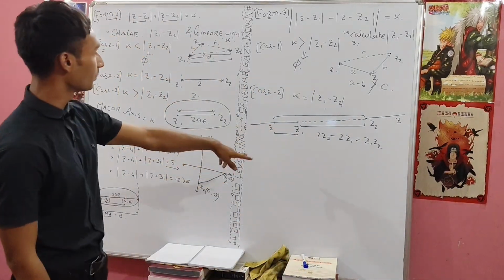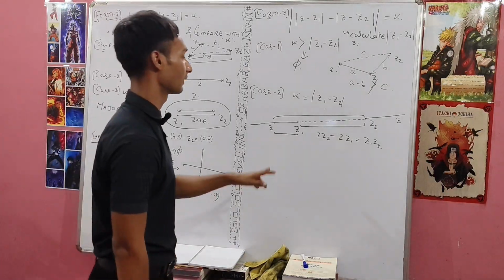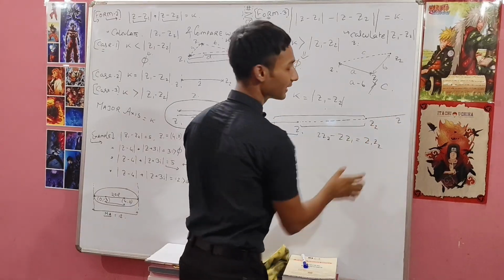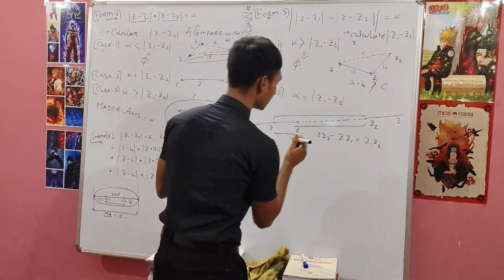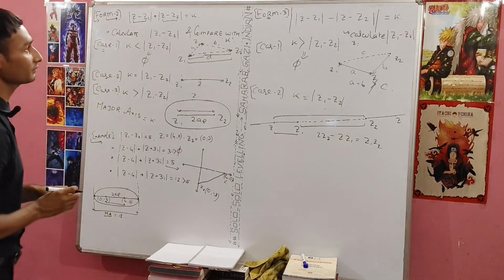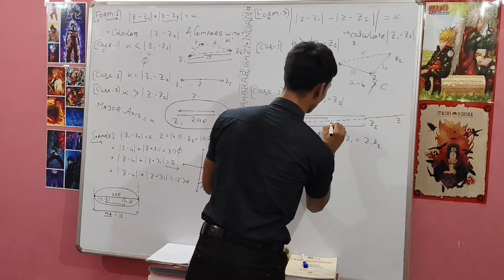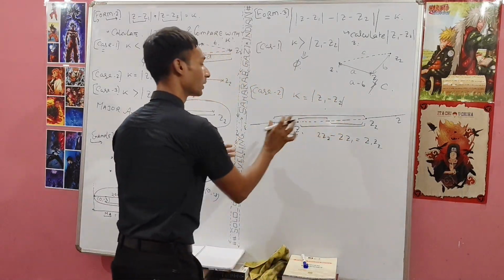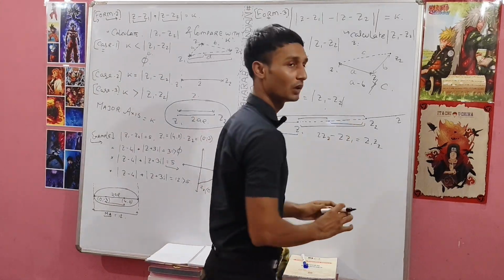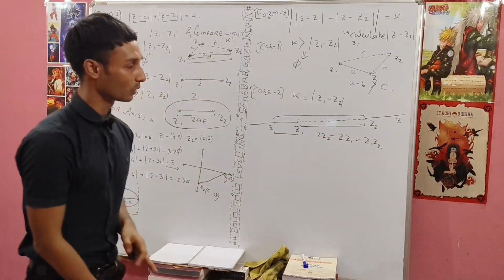So in this case, when k is equal to mod of z1 minus z2, the locus will be this extended line, on both sides. Now let's say z is here somewhere, what will you find? This distance minus this distance, the subtraction of both can never be equal to the longer line. So this is the locus in this case.